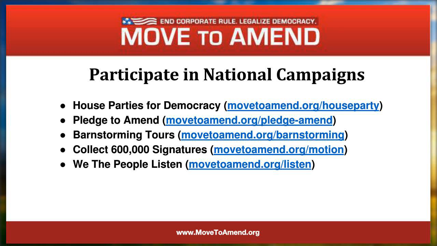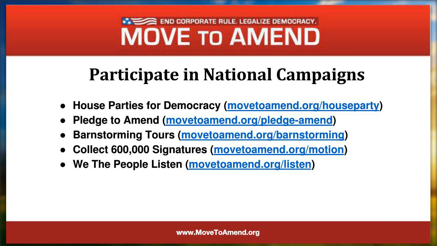And we're always collecting petition signatures. That is an easy way to get involved, and you don't even need a local affiliate group to do it, but it is a great tool to build capacity for starting your affiliate group. We're looking to collect more than 600,000 petition signatures this year. We're currently over 430,000 and continuing to grow.